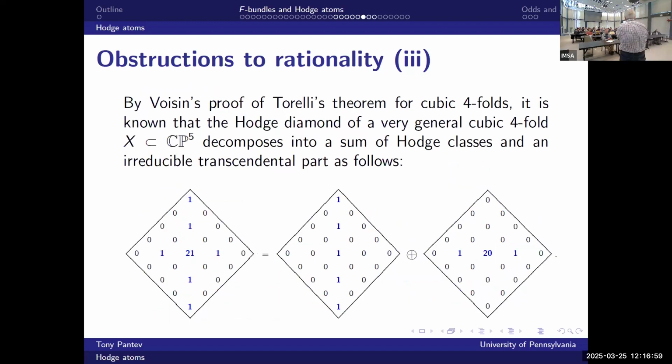And now when you look at the cubic, the four-dimensional cubic, using Poisson's Corelli theorem, you can see that for a very general four-dimensional cubic, the Hodge structure decomposes into a transcendental part which has Hodge type 121 and 5 algebraic pieces which are all the powers of K. So this is what the Young relations general.